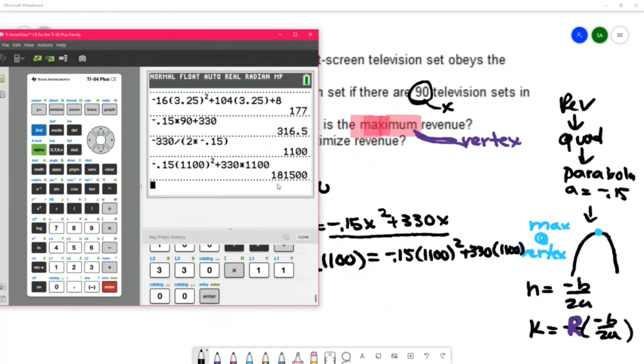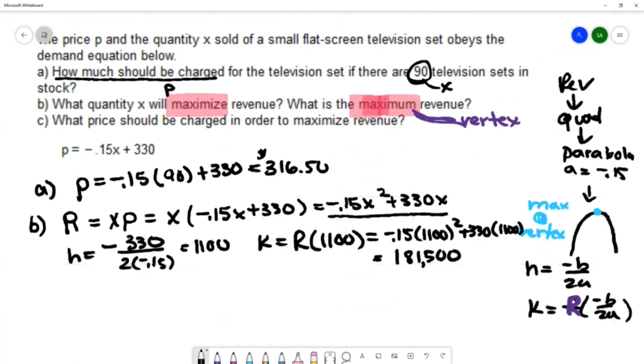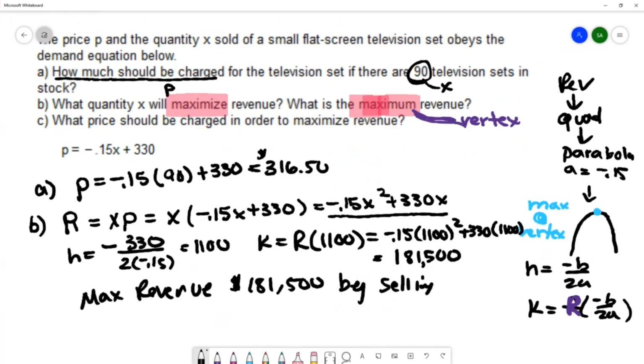And we get 181,500. So we can finally answer part B, and in part B we can say that we will have a maximum revenue of $181,500 by selling 1,100 TVs.